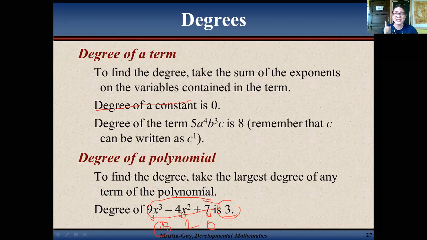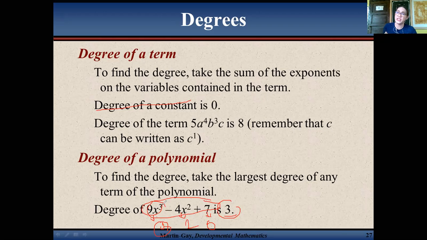And if you are asked about the leading term, you always look at the term of the highest degree. Since 9x cubed is where we took the degree of the polynomial, 9x cubed is the leading term. If you are asked about the leading coefficient, your answer is 9.